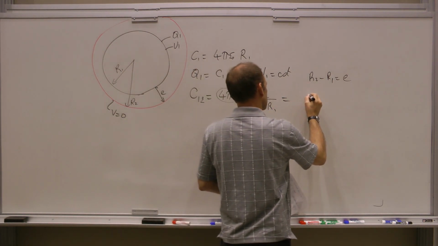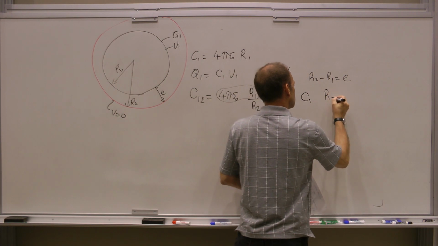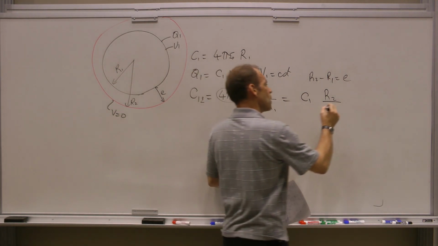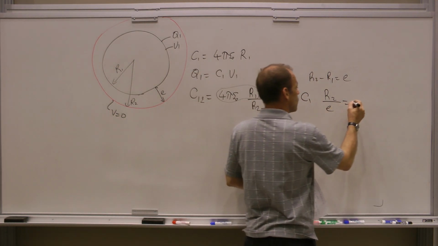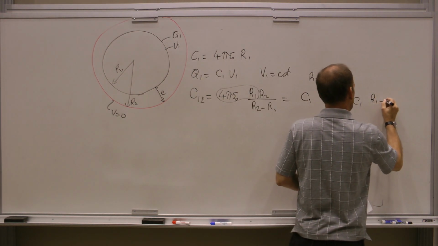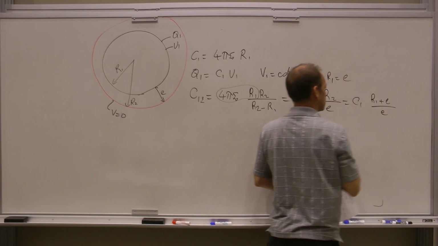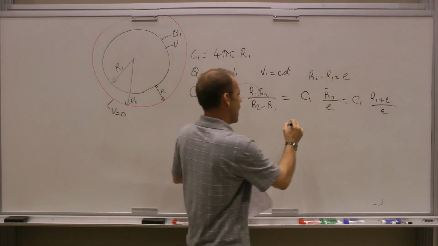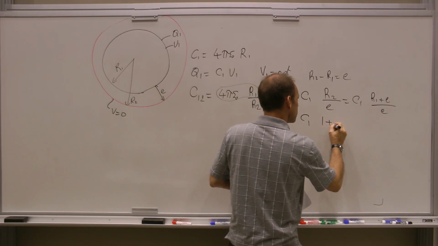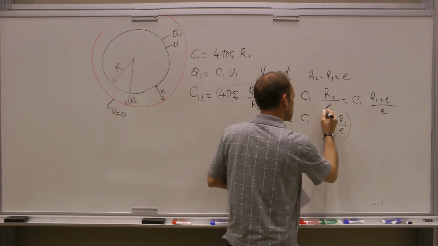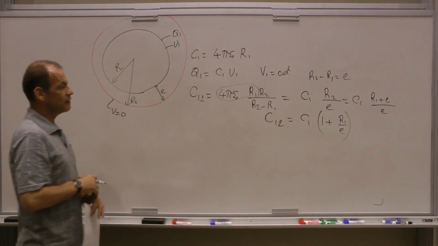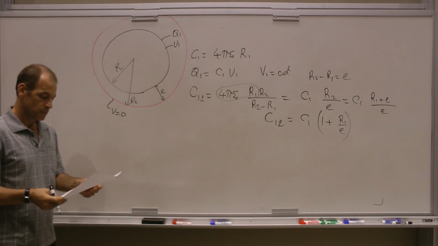That's C1. So this is going to be C1 R2 over e. R2 minus R1 is e. But I'm going to modify it still slightly. I'm going to call it C1 times R1 plus e, divided by e. And just basic manipulation, I end up having something that looks like C1 times 1 plus R1 over e. This is the new capacitance C12 created by bringing this outer shell around the inner sphere.